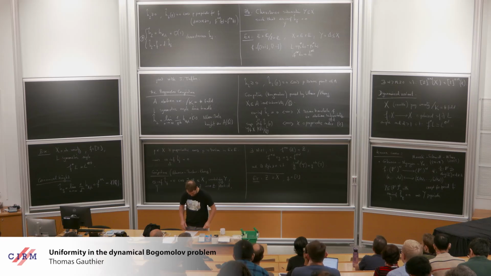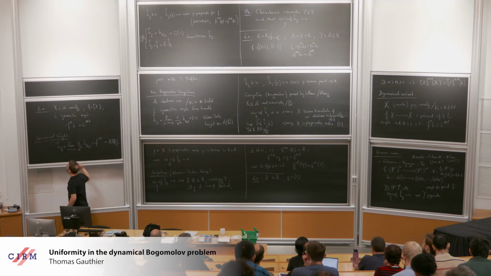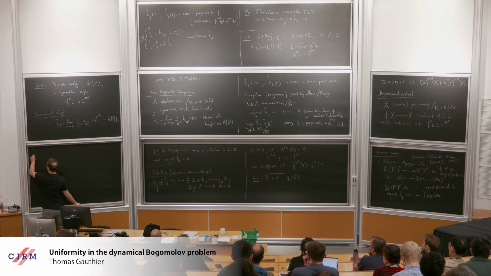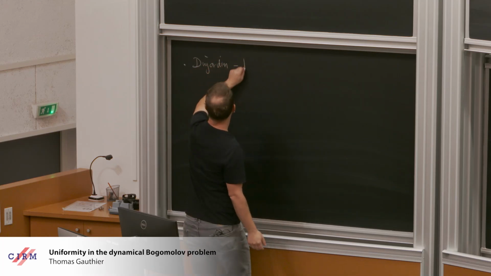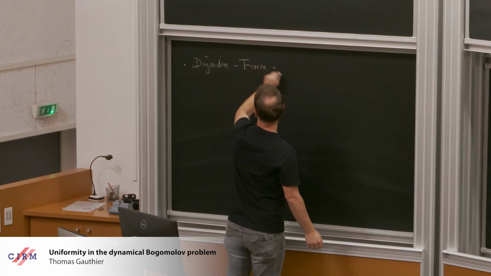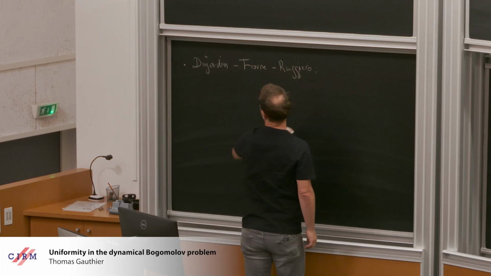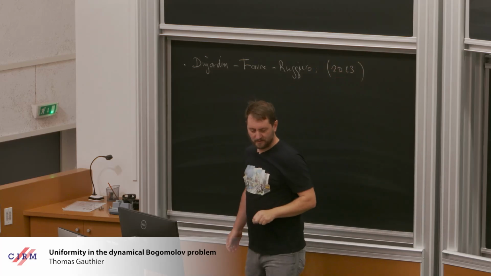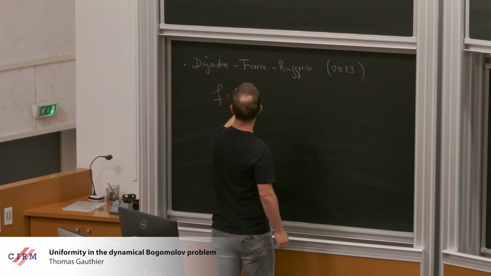Okay, so the second case which is known is about maps on P2. So it's Dujardin, Favre, and Ruggiero. I think it's 2023, where they consider maps from P2 to P2.